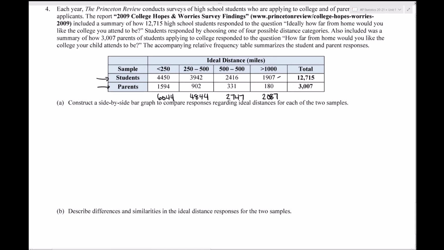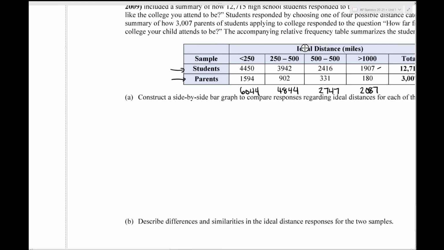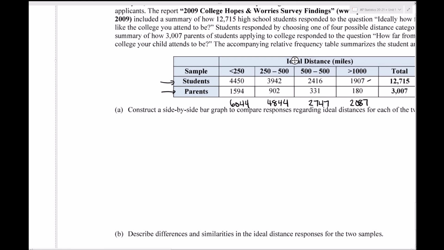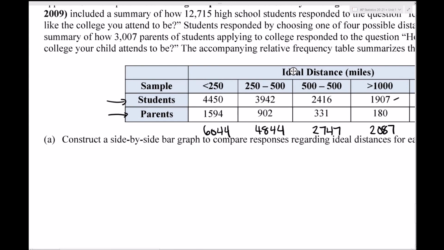So 4450 divided into 12715. And it's going to be hard to write that in there, so I might want to zoom in quite a bit. If it lets me. It doesn't look like it's going to. There we go. 34.99, so that's about 35%.